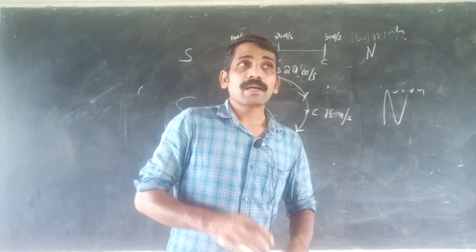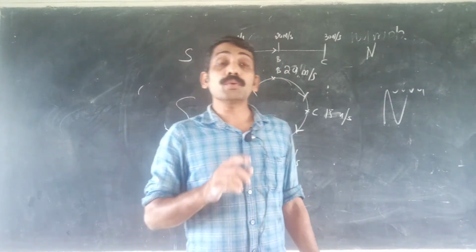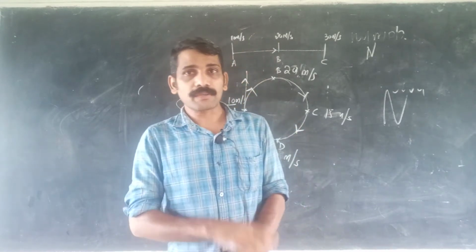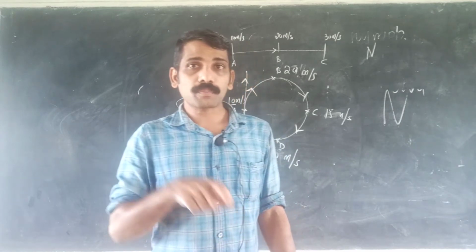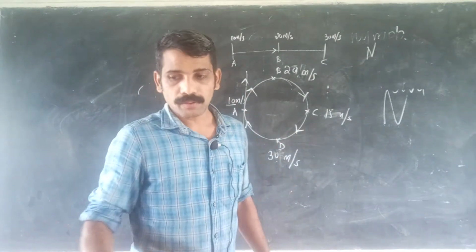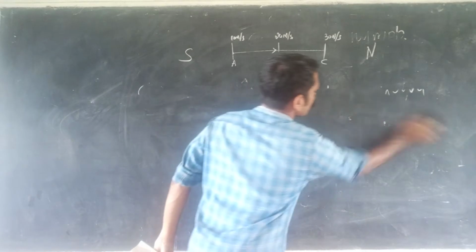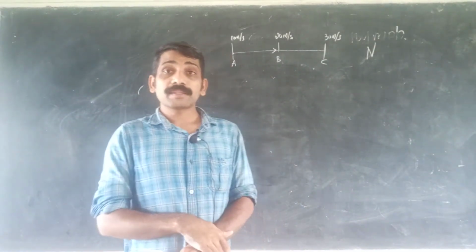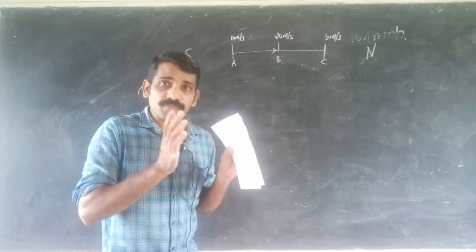And next, we discussed in the previous class average speed. If the object is not moving at constant speed, if it is moving at variable speed, then we have to represent the rate of motion of such an object.